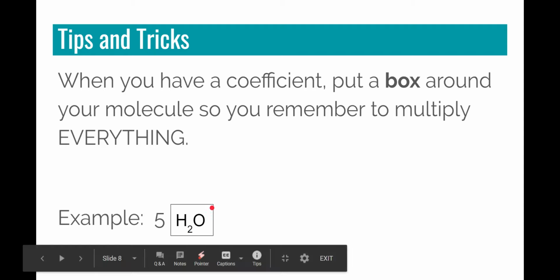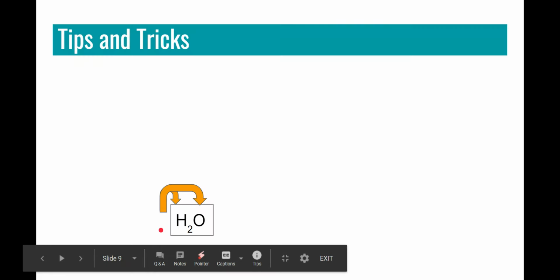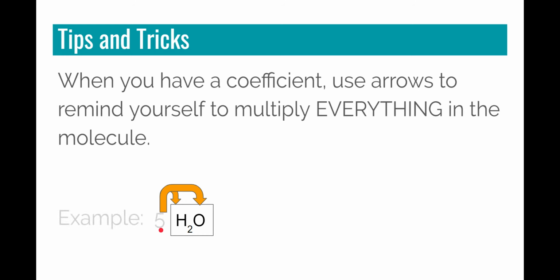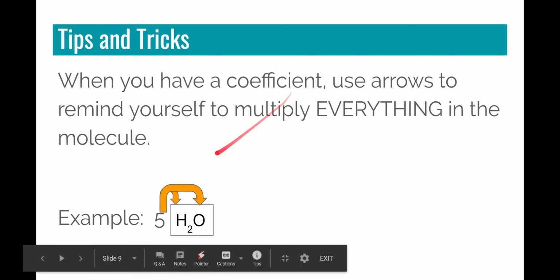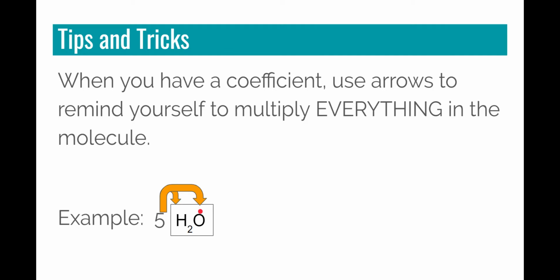So if we put a box around H2O, that's going to help you remember that that 5 needs to go to everything. And the second part of this trick is you can draw arrows from the 5 going to the H and going to the O, so you remember to multiply both.